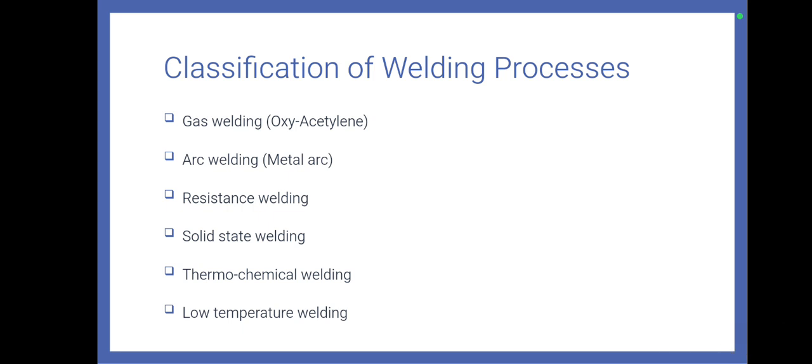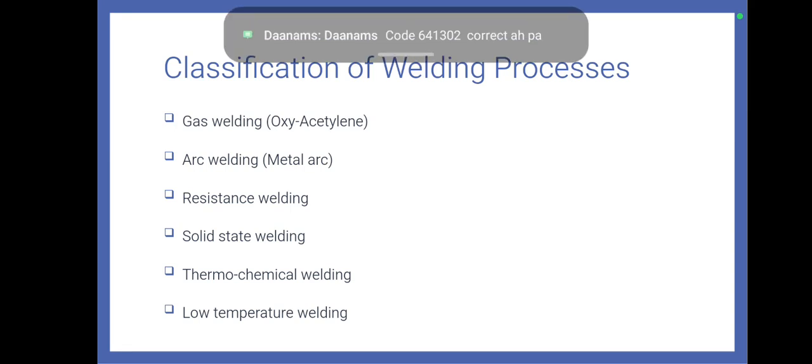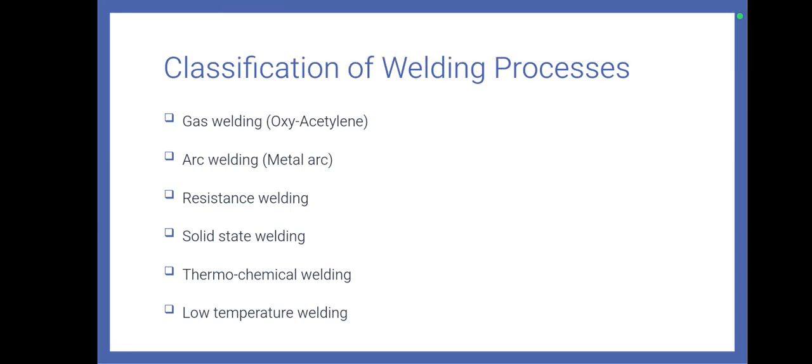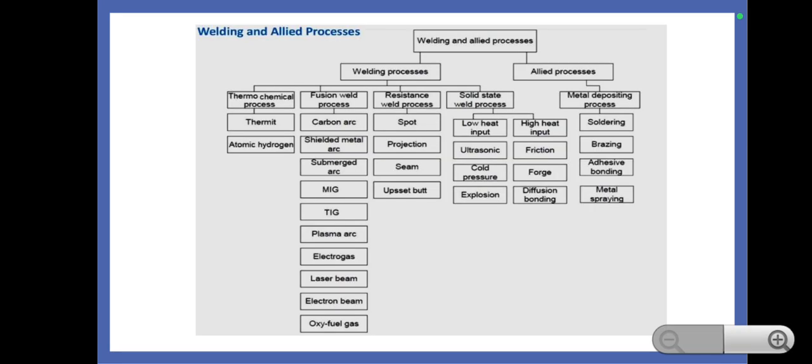Classification of welding process. The welding processes are classified as follows: gas welding, arc welding, resistance welding, solid state welding, thermochemical welding, and low temperature welding.